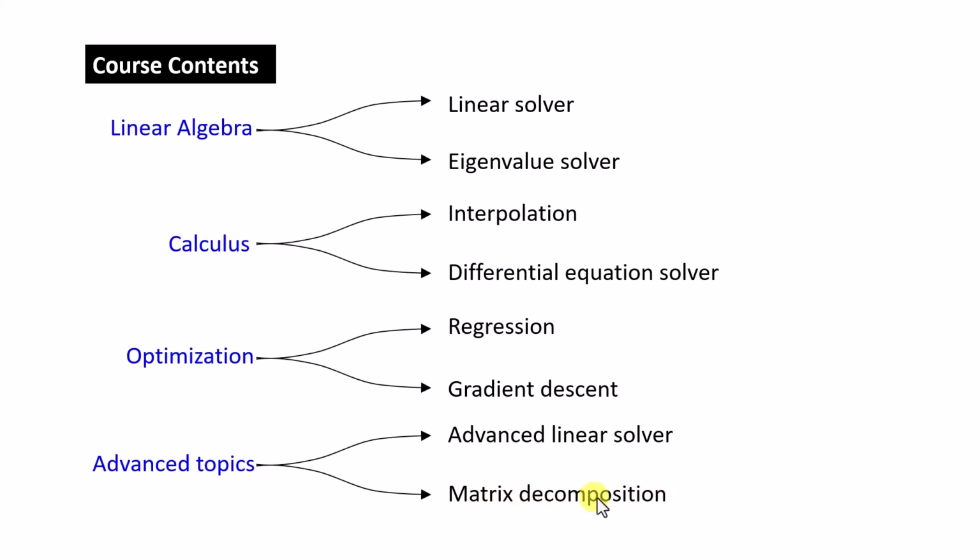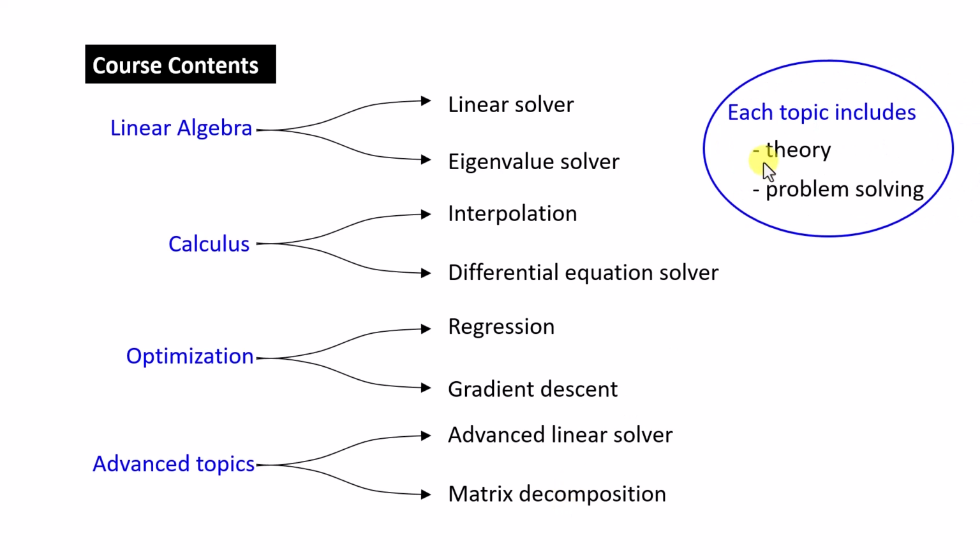So we'll discuss a little bit about matrix decomposition. In all the above topics, we'll talk about theory and we'll talk about problem solving. Between theory and problem solving, we have to write the programs to solve practical problems. This gives you the overall map of the course.